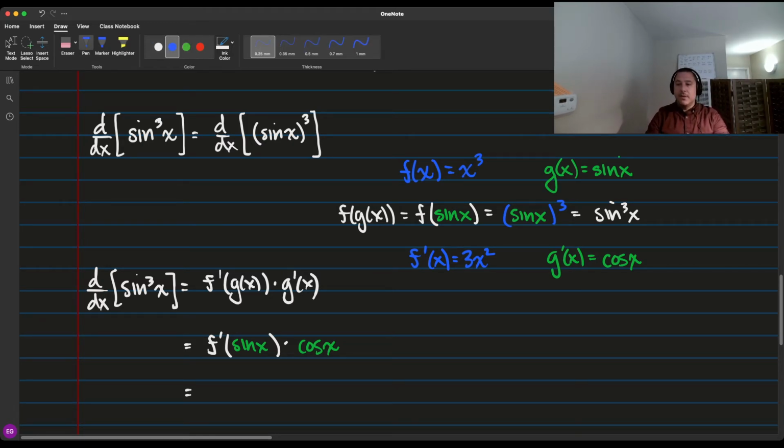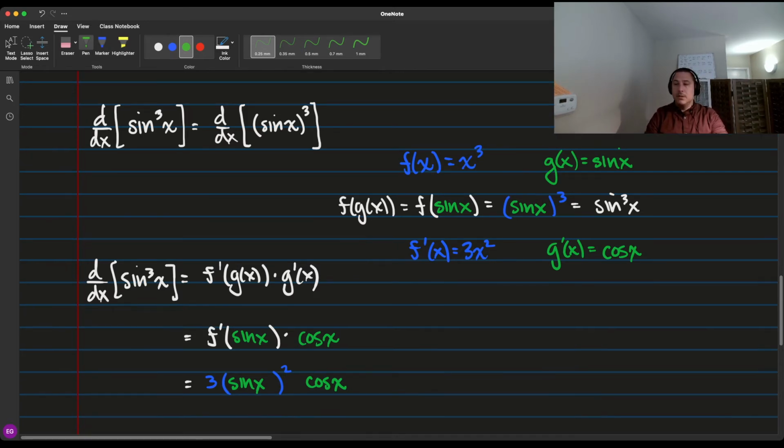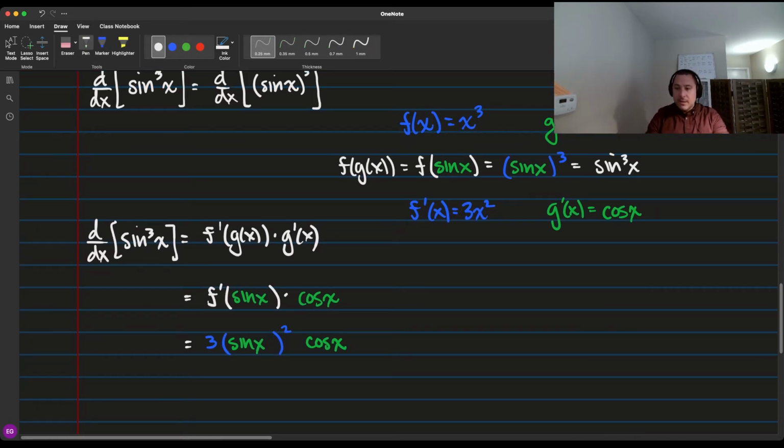So I'm going to have 3 times something squared. The thing that I'm squaring is sine, and then this is going to be multiplied by cosine. You can now go and simplify, and we get 3 sine squared cosine.